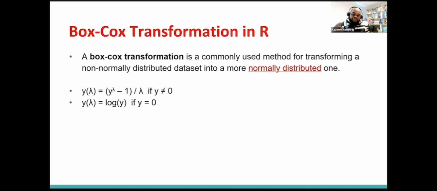So if we want to transform the response using the idea of Box-Cox, the original value is y, and the new value is y raised to power lambda minus 1, divided by lambda, for y not equal to 0 and lambda not equal to 0. When lambda equals 0, we're basically going to use log y.